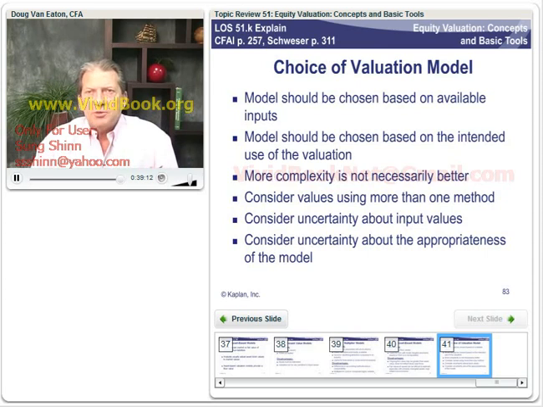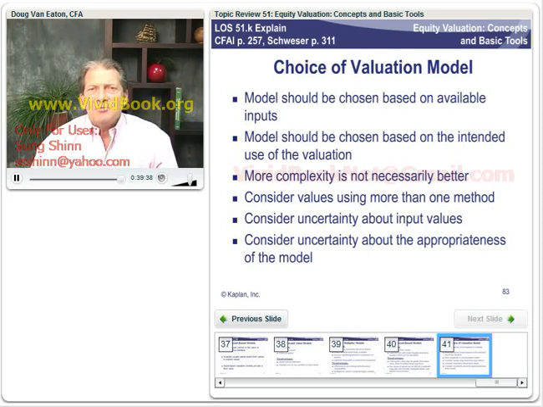Well, the model should be chosen based on its intended use and also the inputs that are available. Clearly, if you don't have dividends, you can't do a dividend discount model very accurately. Remember that more complexity is not necessarily better. Sometimes the simple models give you less chance to do something foolish in your valuation or your estimates.